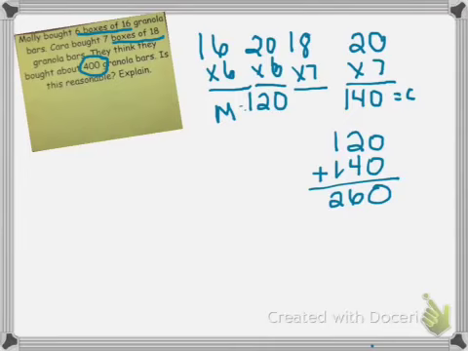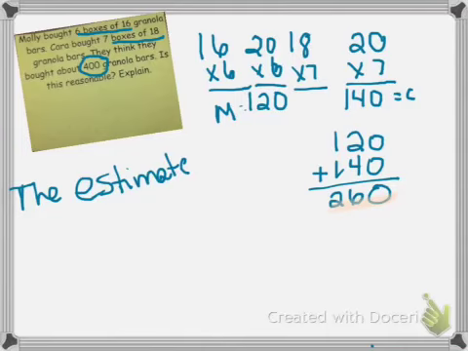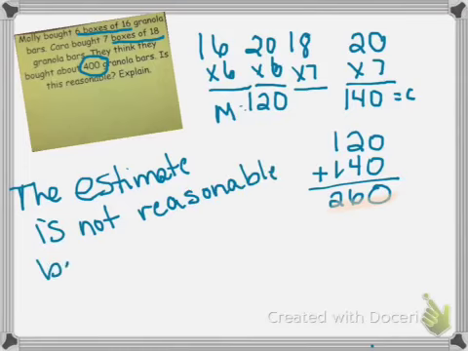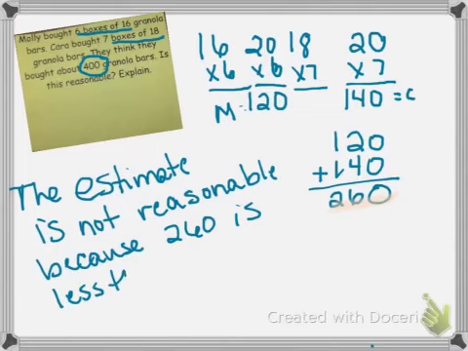So now the kids have to decide, is the 400 a reasonable estimate? Well, no, because my answer that I got was 260 when I rounded. So the kids are going to write the estimate is not reasonable because 260 is less than 400.